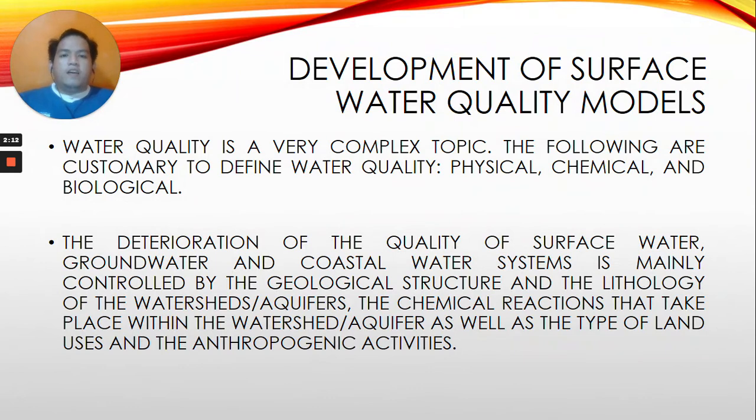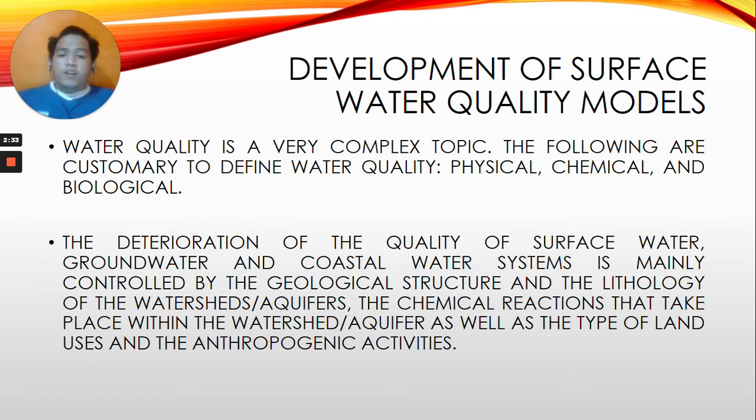So next is the development of surface water quality models. Before we develop the water quality models, it is customary to define the physical, chemical, and biological elements of water quality itself.